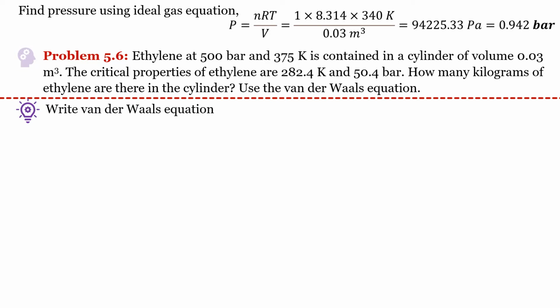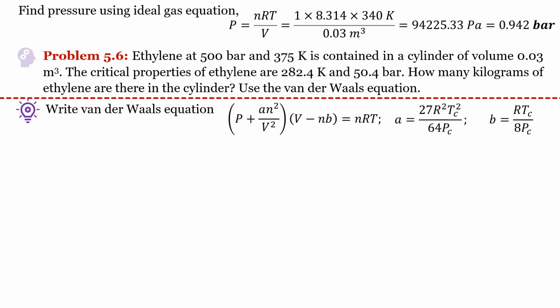So first we will write the van der Waals equation. That is (P + an²/V²)(V − nb) = nRT, where a and b are given in terms of critical temperature and pressure.